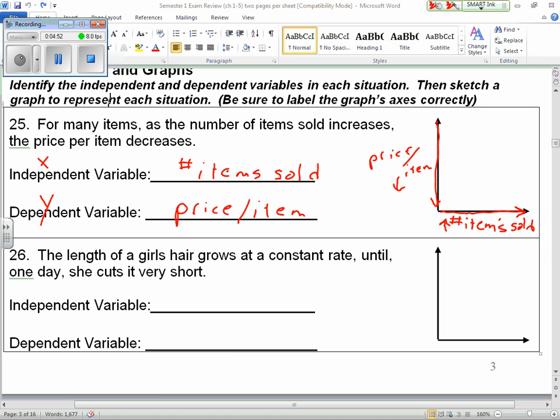So if 0 items are sold, we would have a kind of a higher price. But if we have like 500 or so items sold, the price would end up being lower. So your graph would look something like that. It'd be a decreasing graph because as one item goes up, the other goes down. That's going to be a decreasing graph.